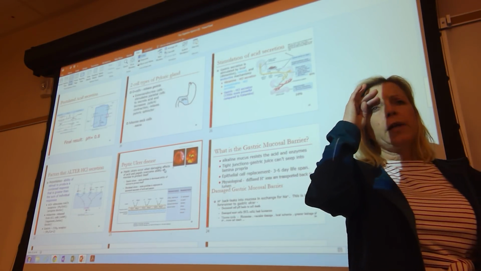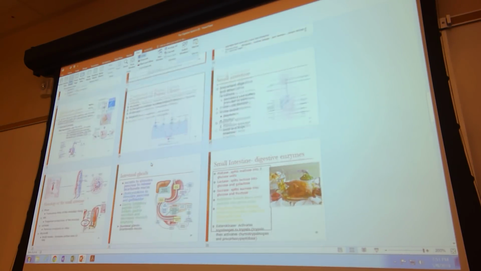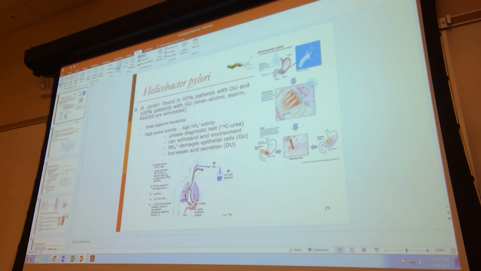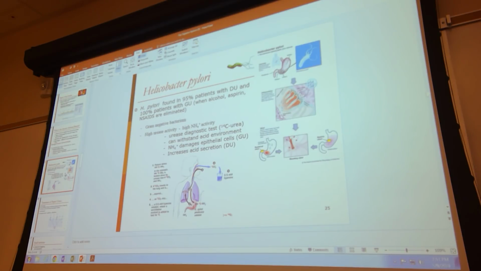And if we rule out abuse of NSAIDs and alcohol and smoking, what was the most common reason why a patient got an ulcer? That guy, H. pylori. So ulcers are clinically important. Please review the slide on how we lose our protective factors, how Helicobacter pylori is implicated.